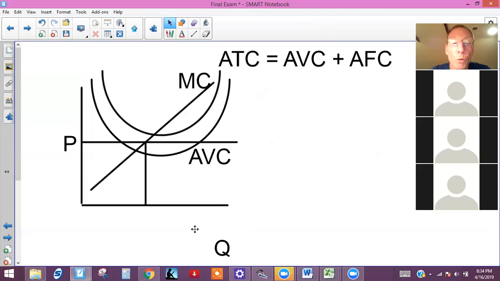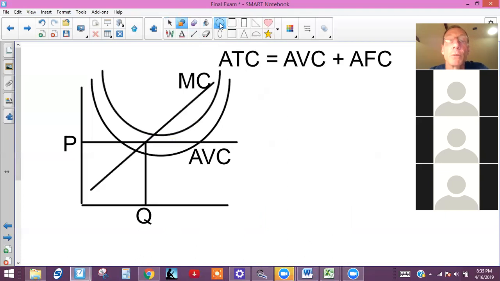Now, why would they choose to operate? What would be the relationship between average variable cost, which is right here, and where the marginal cost is up here in the short run?